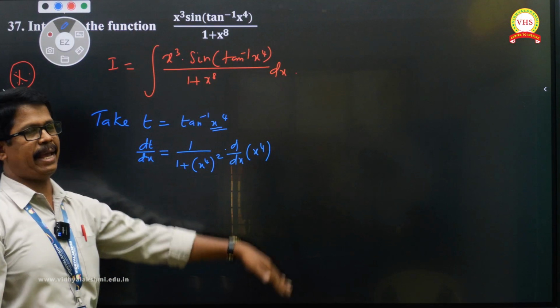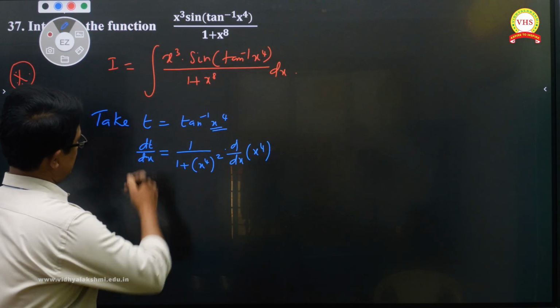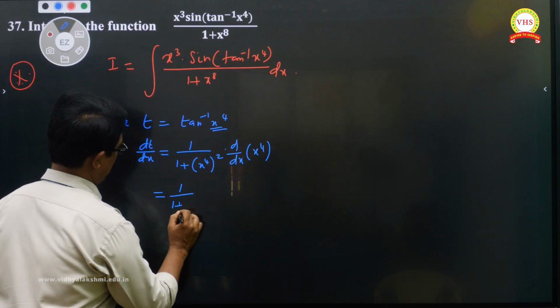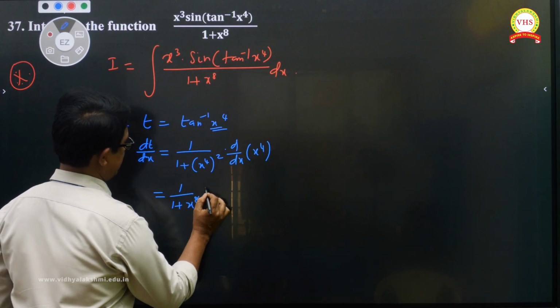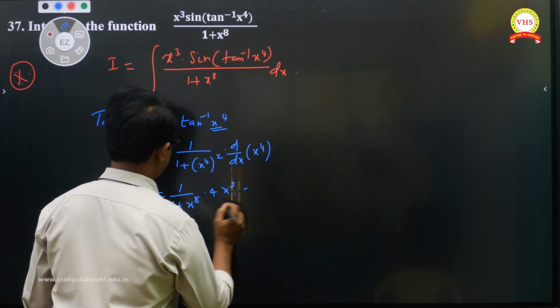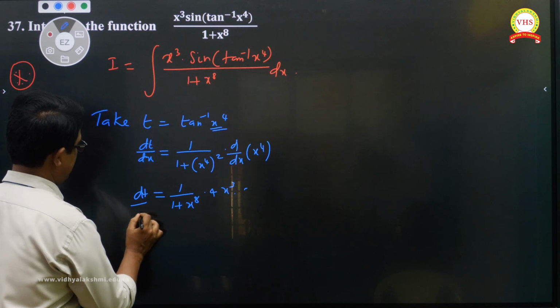Otherwise, you would have to take t as a separate variable, which is lengthy. So dt by dx equals 1 by (1 plus x power 8) into 4x cube.